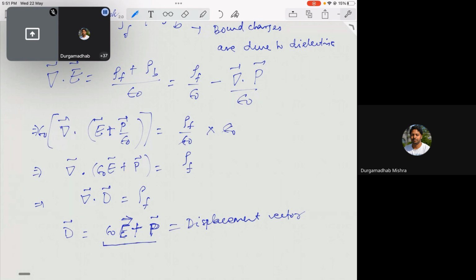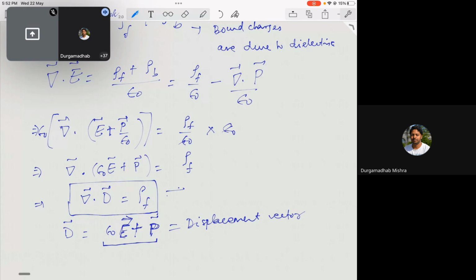This is a vector sum, and then you get an electric displacement vector. And now Gauss's law is modified, and we write del dot D is equal to rho F. Okay, so rho F is the free charges that exist within that volume or space.